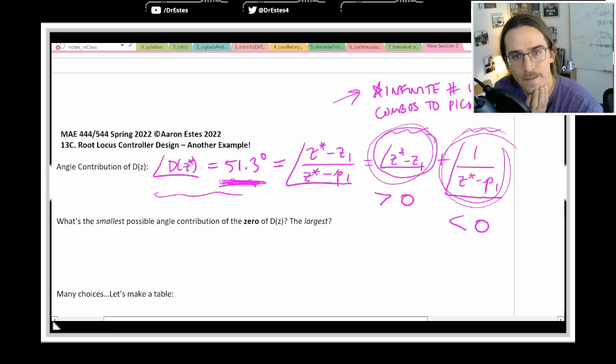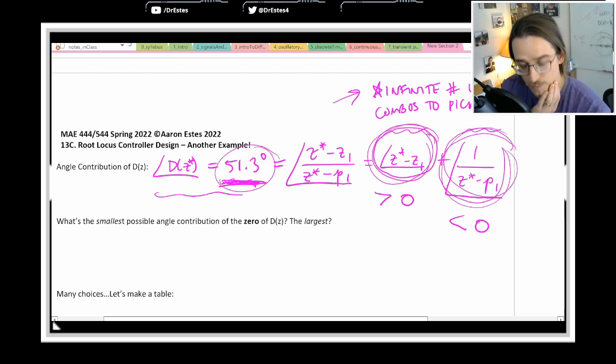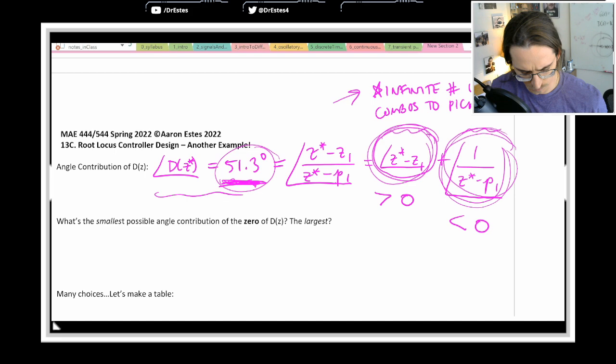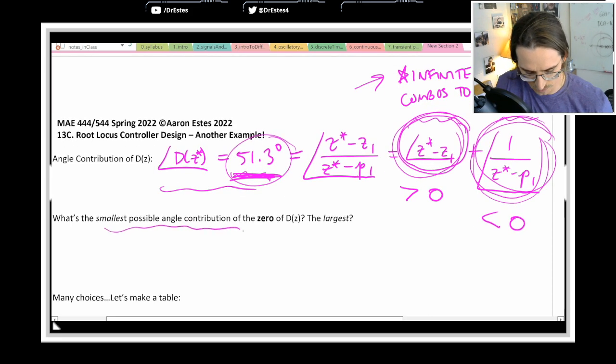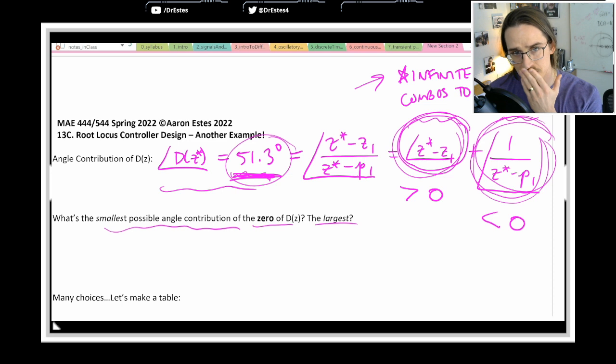So if I know that this number is greater than 0, this number is less than 0, and overall it has to be positive 51.3 degrees, we can start to define the smallest possible angle contribution of the 0 and the largest. And then we can pick controllers in between those angle ranges.